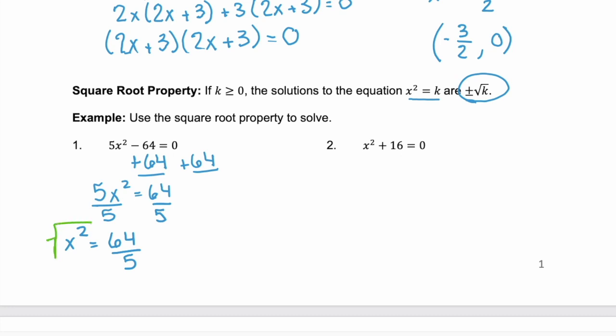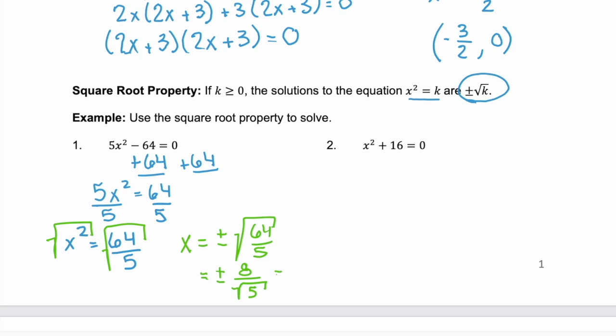Because when we take the square root of x squared, we get x. And when we take the square root of the right side, we get plus or minus the square root of 64/5. And we can take the square root of that numerator, 64, so this will simplify to plus or minus 8 over the square root of 5.